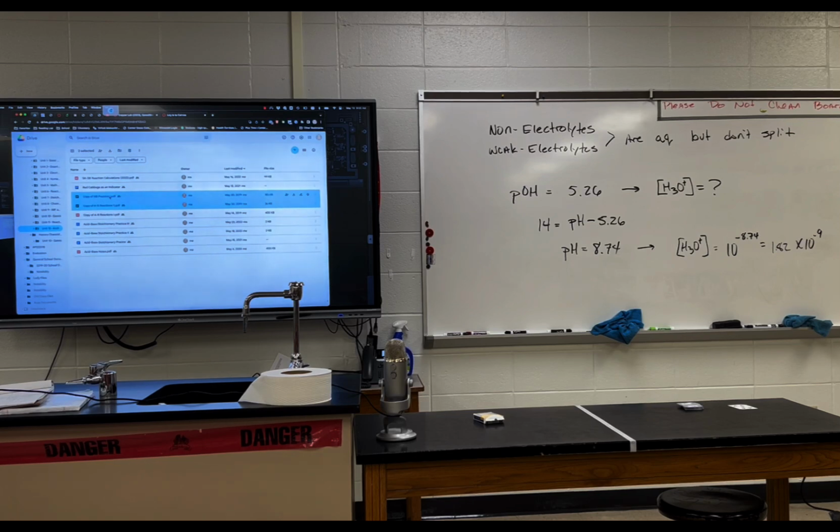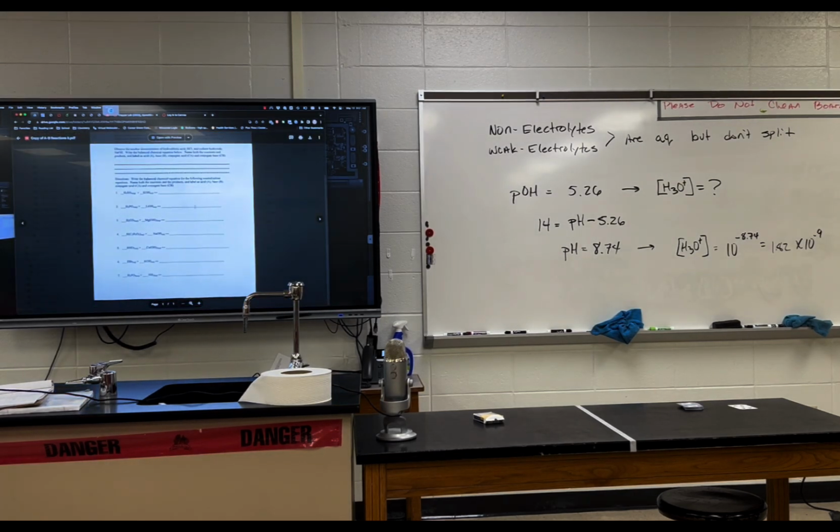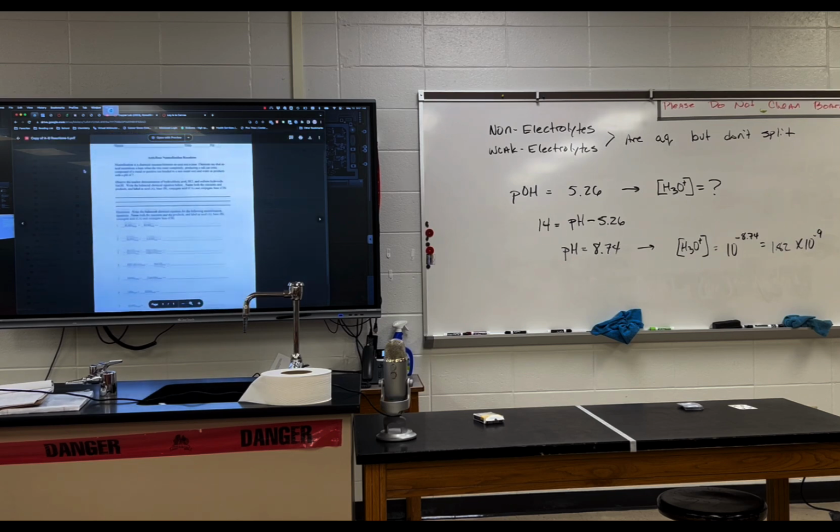Acid-base practice, which I'll show you here in a second. And there's going to be a third one I need to put up, dealing with net ionic equations. I do want to show you what they're going to look like. So this one's just 7 reactions. You're going to write them out, as they all have a strong base in them except number 7. Ammonia acts as a what for us? A base.